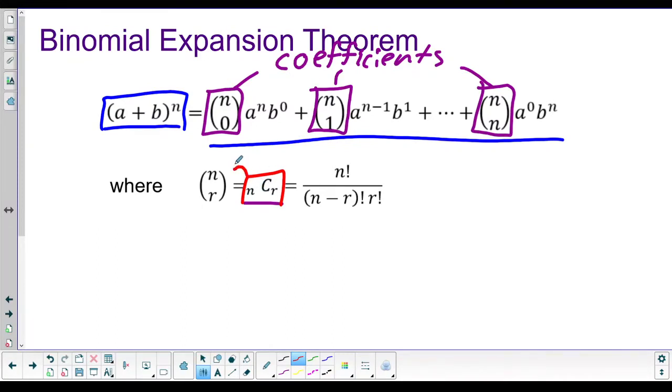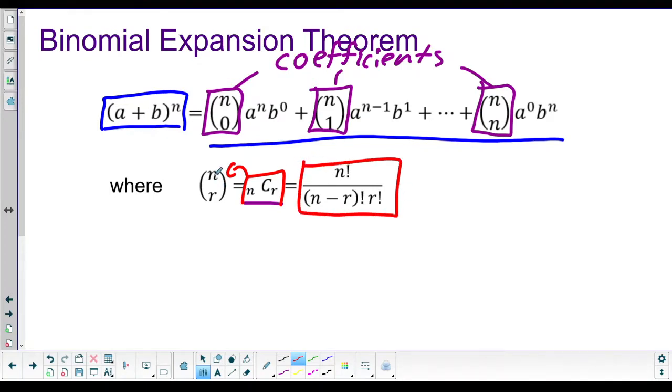For some reason, everyone likes to write it this way for this formula. And that's fine, okay? We can read uppercase and lowercase letters, right? We can read Times New Roman and Arial. Just because it's in a different font doesn't mean these mean different things. Don't trip, okay? So these things are just coefficients, and the way we get those coefficients is by doing n choose 0, n choose 1, n choose r.